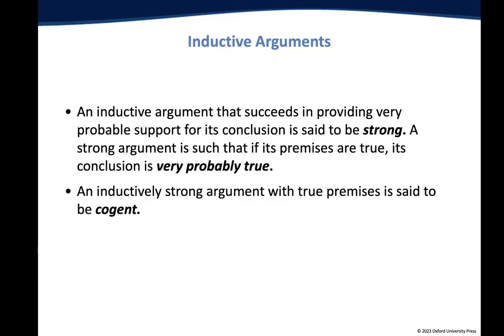We also have some issues here with inductive arguments and whether or not they are cogent. In order to be cogent, that inductive argument must be strong, and it must have true premises. An uncogent argument can be a strong argument, but it may have one or more false premises. And so that's the difference between a cogent argument and one that is not cogent.